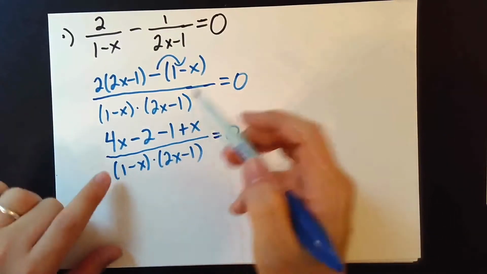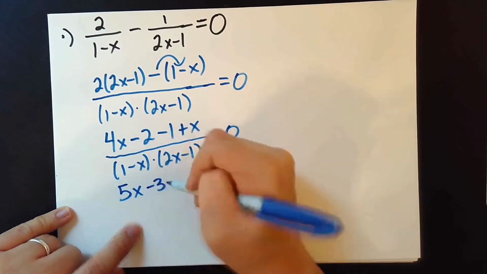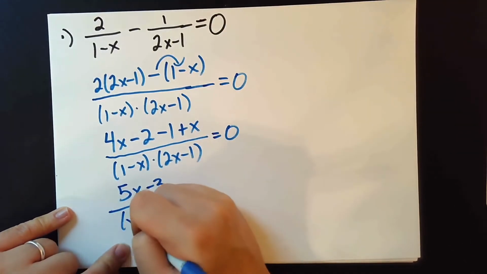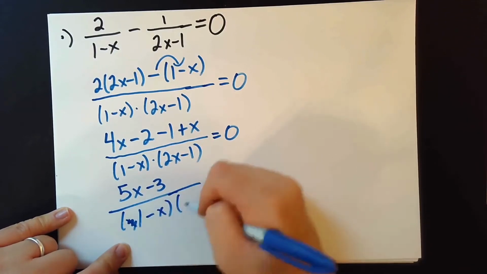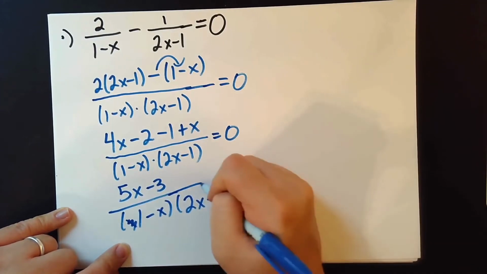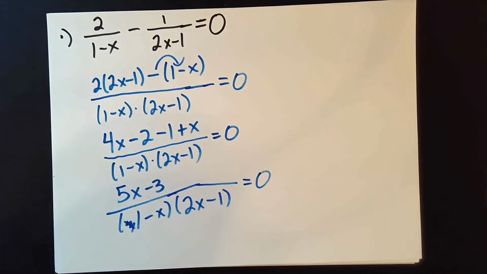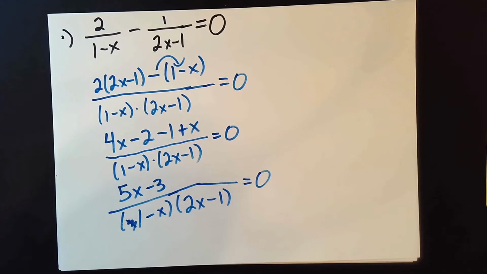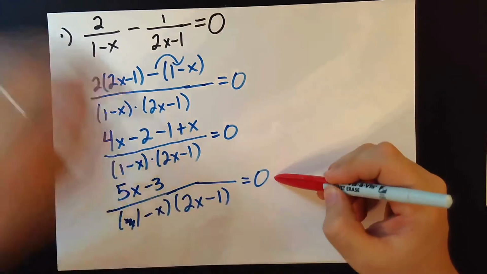And so this will be (5x minus 3) divided by (1 minus x) times (2x minus 1) equals 0. How did that help? Well, I now have something that looks like a fraction equal to 0.